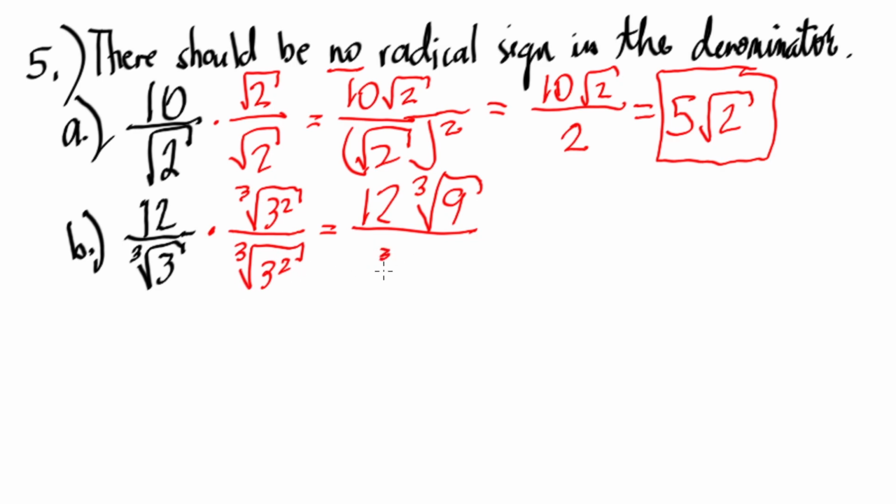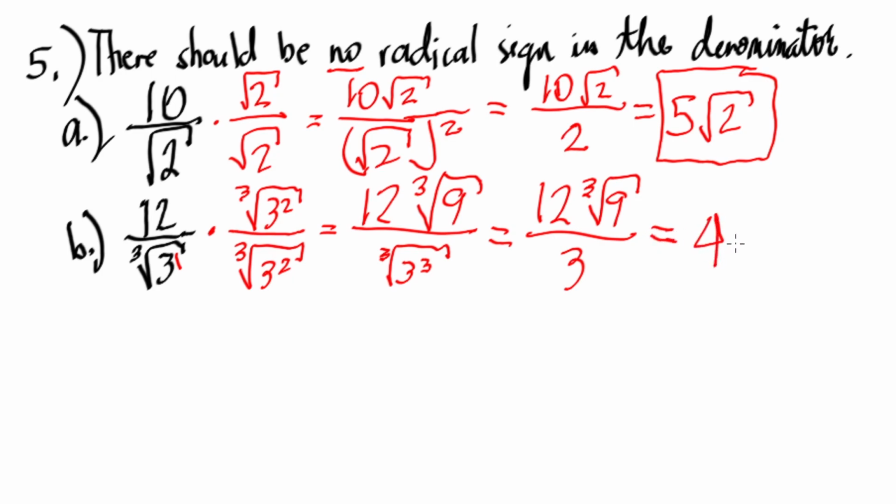And we have the cube root of 3 raised to 3 in the denominator, since we have 3 raised to 1 here and 3 squared, so we have 3 raised to 3. Simplifying, what we'll have is 12 cube root of 9 all over 3. So we can cancel this up, and this becomes 4 cube root of 9. And that's our answer for number 5.